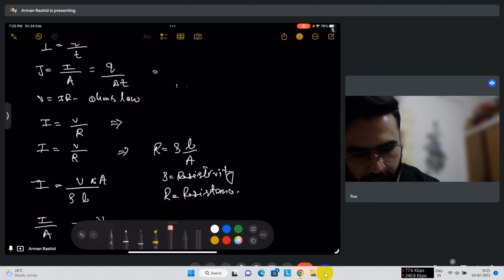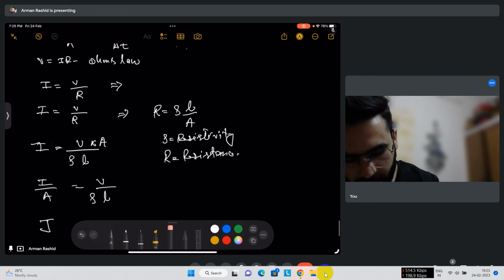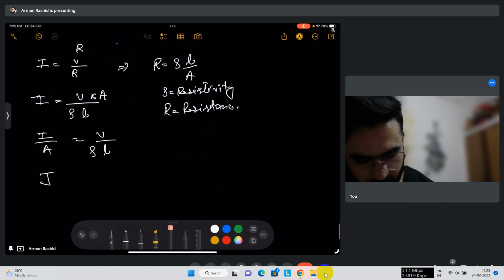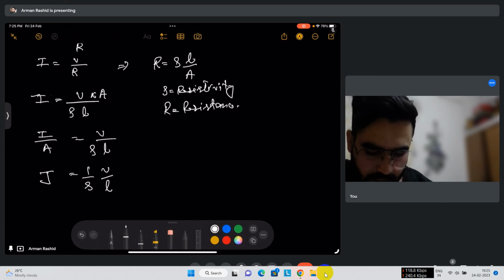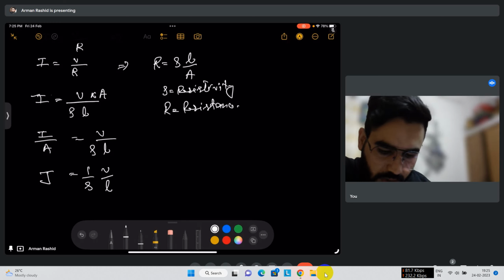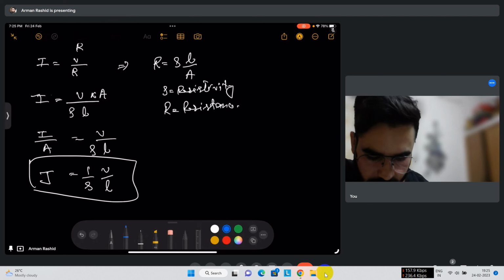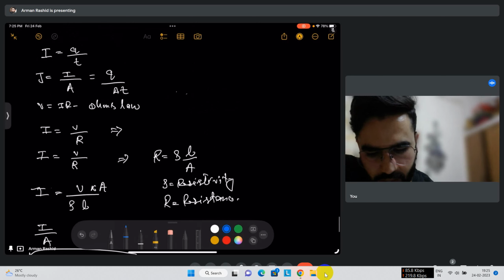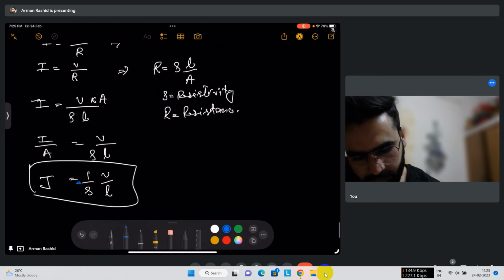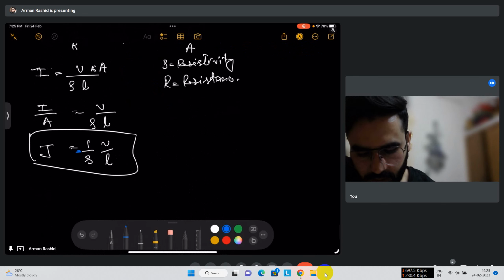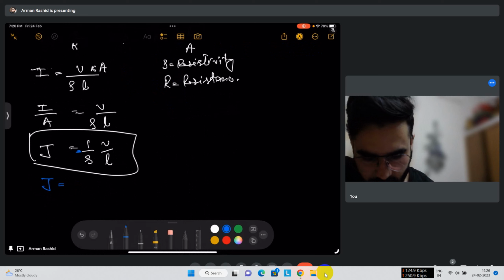J is given by 1 by rho V by L. Now if we say that it is decreasing as a function of length, then we can take a negative value. So that is what we have derived here: J is equivalent to sigma V by L.